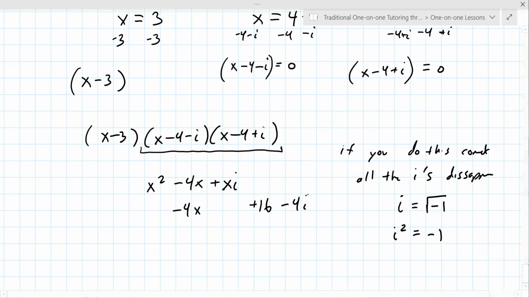Then we take minus i times x, so you get minus xi, or ix, the order doesn't matter. Minus i times -4 is plus 4i. Minus i times i is minus i squared.